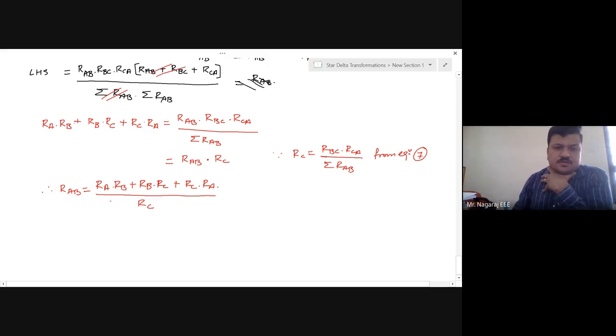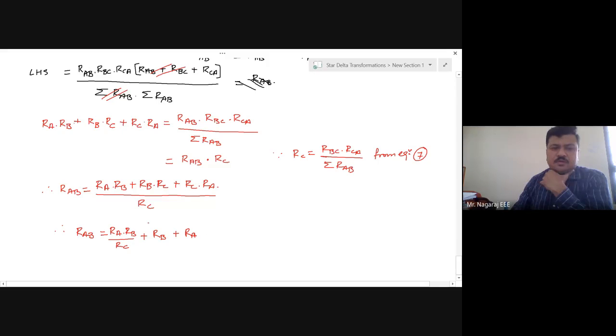If I divide RC into each of the terms, I will get RAB is equal to RA into RB divided by RC plus RB RC by RC, I will get RB, plus RC RA by RC, I will get RA.